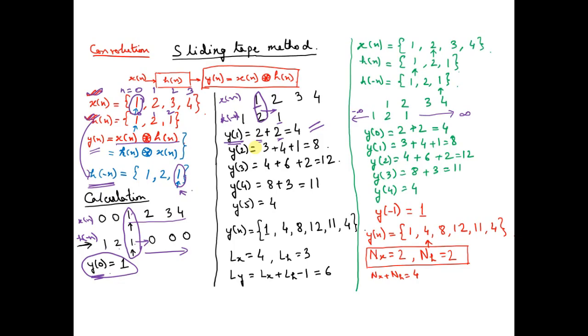Because n varies from 0, 1, 2, 3, 4 up to infinity. Okay. So from the origin position where both the origins match, if you shift h[-n] towards the right by 1 unit, then you get y[1]. If you move by 2 units, it would be y[2] and so on.